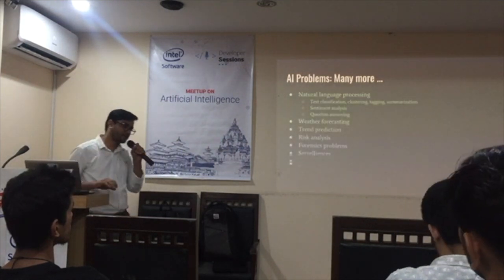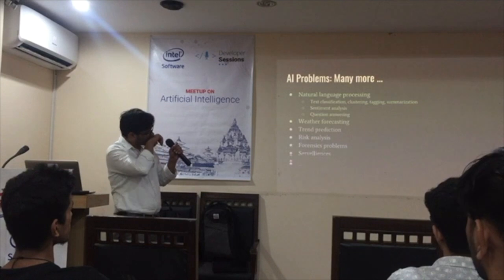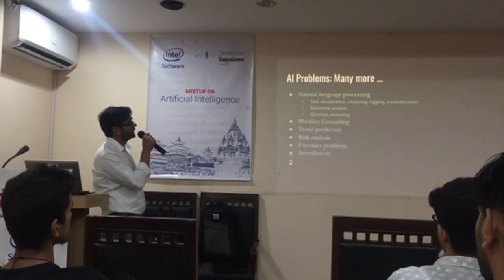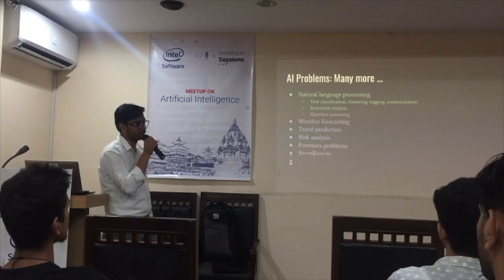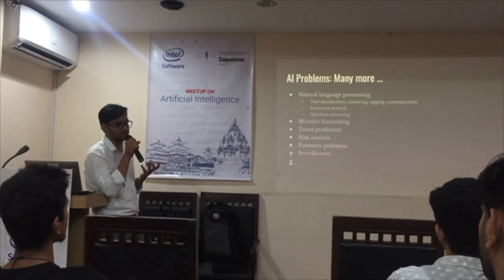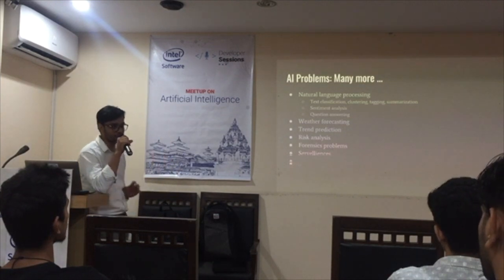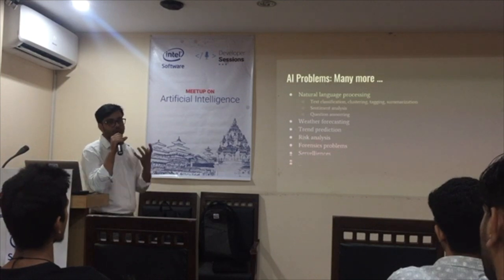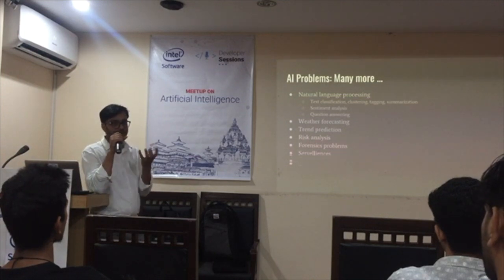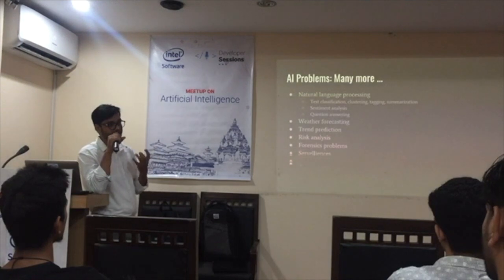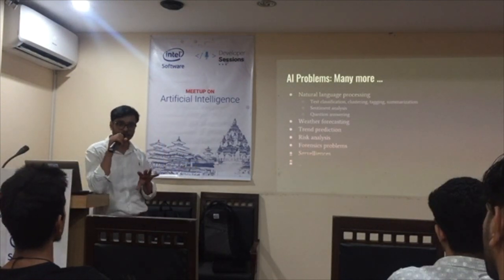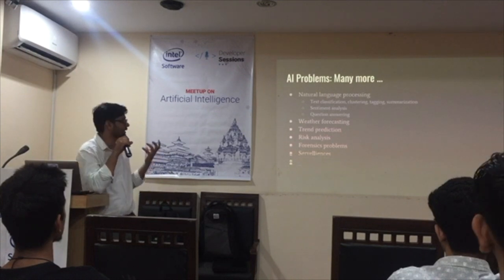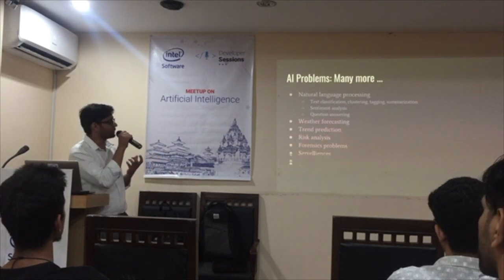So there are lots of problems in AI. Other problems in natural language processing are like text classification. That means news classification. Suppose we have lots of news portals in Nepal. If we can write a program that automatically categorizes the health news, the political news, the sports news, that is a very good thing. So that is one problem.